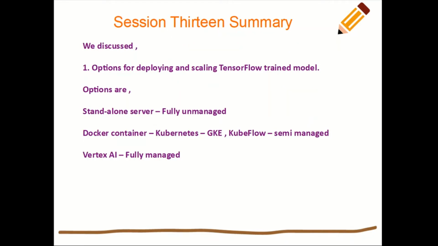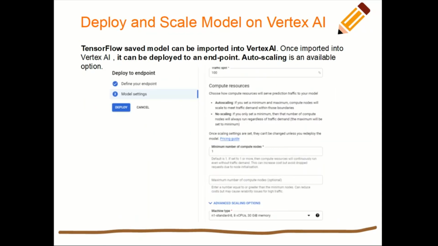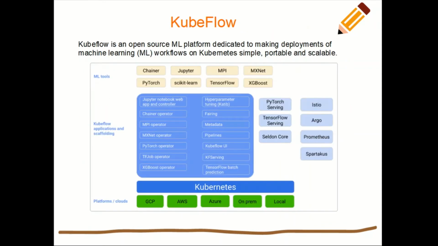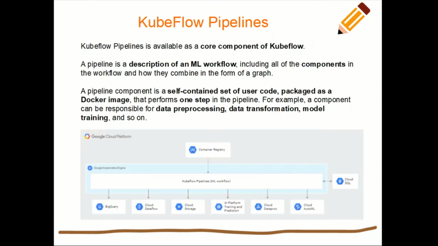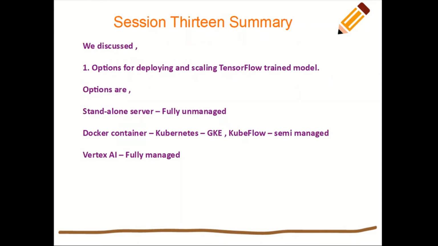So these are the three main ways: the Vertex API, then using the Kubernetes Engine, and then using Kubeflow and the Kubeflow pipeline. These are three really major options for deploying and scaling your machine learning models in a fault tolerant manner.